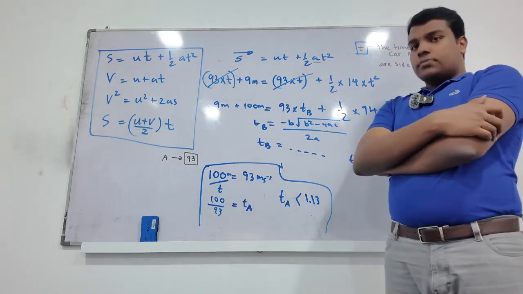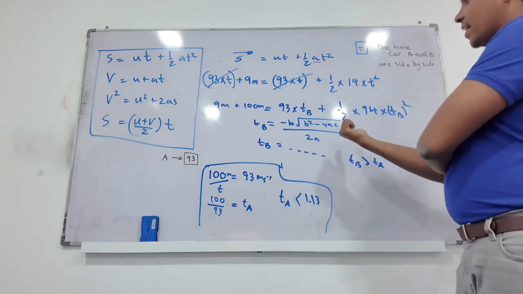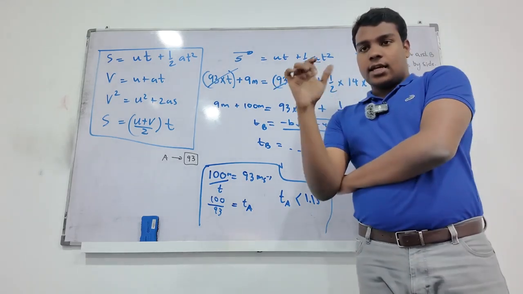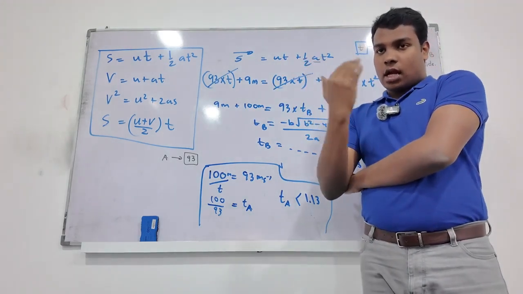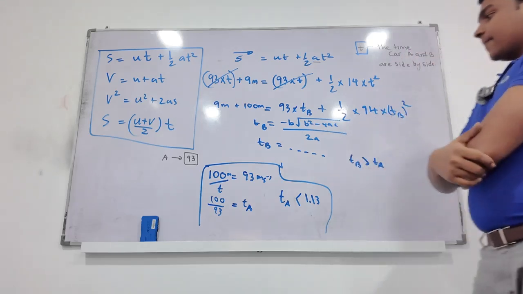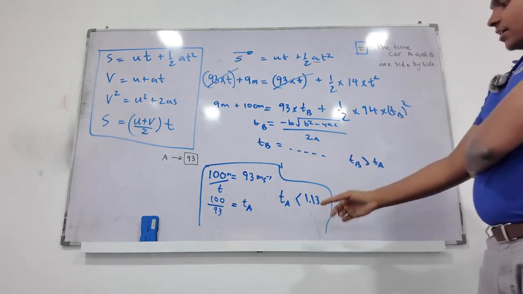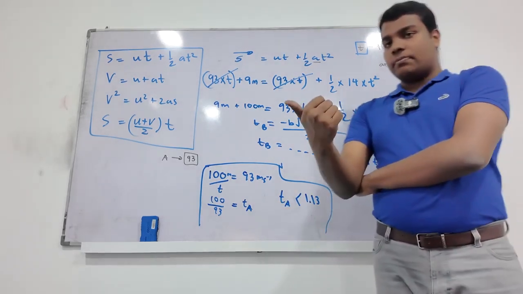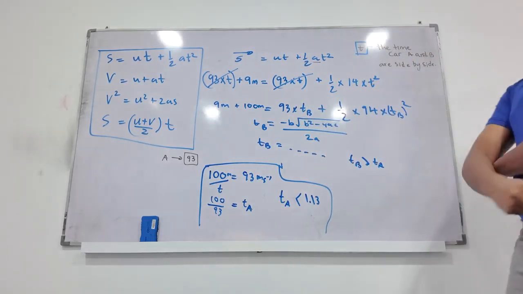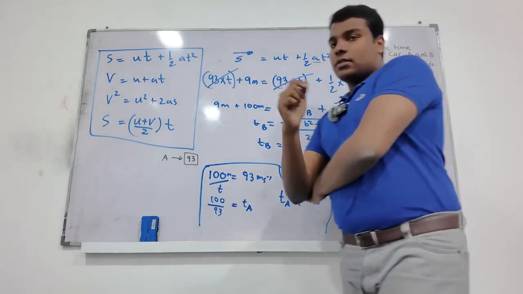Only after the finish line they were side by side. Yes, exactly at 1.13 seconds, car B came near car A. After 1.13 seconds, car B surpassed car A. Before 1.13 seconds, car B was behind car A. It had 109 meters to travel.